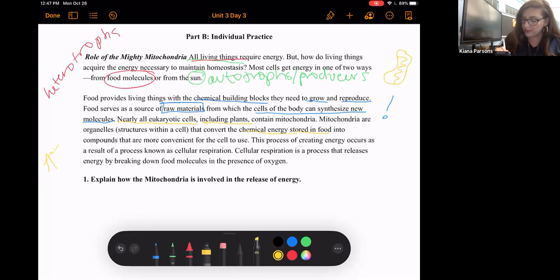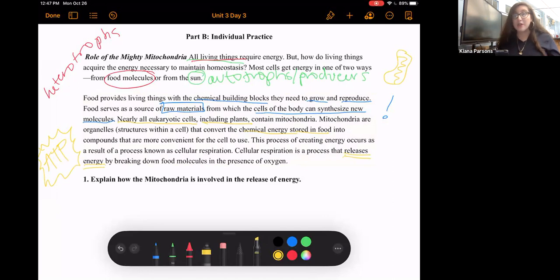We're talking about ATP, baby. This process of creating energy occurs as a result of a process known as cellular respiration. Cellular respiration is a process that releases energy by breaking down food molecules in the presence of oxygen.